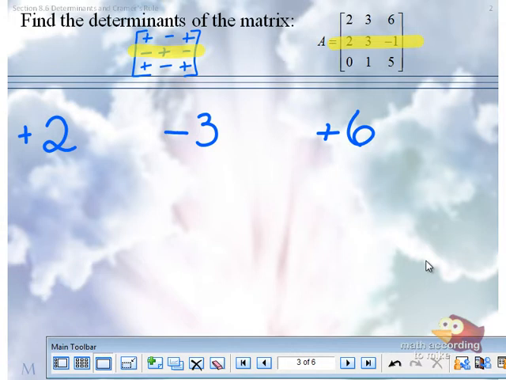So these signs go in front of these numbers no matter what they are. But we picked the first row. Once you have your coefficients and your signs, this chart goes away forever until you do the next problem.